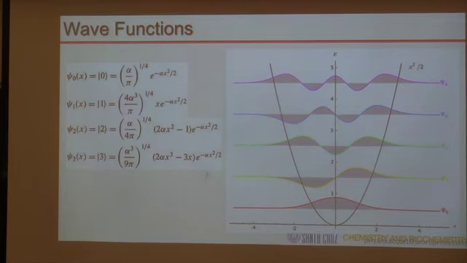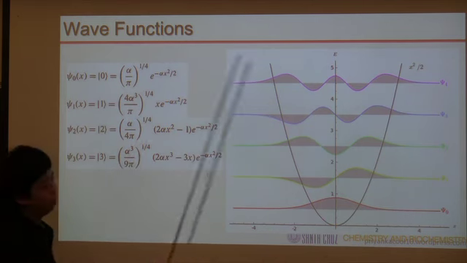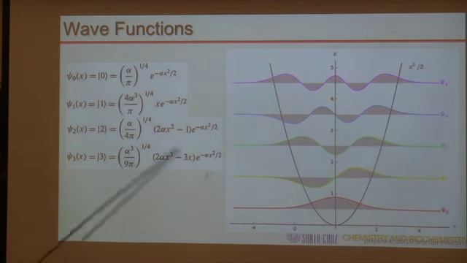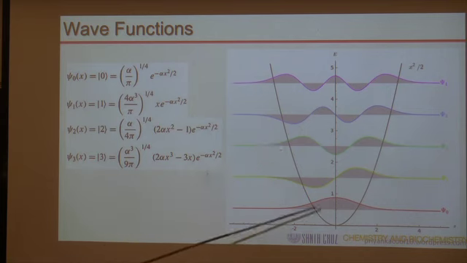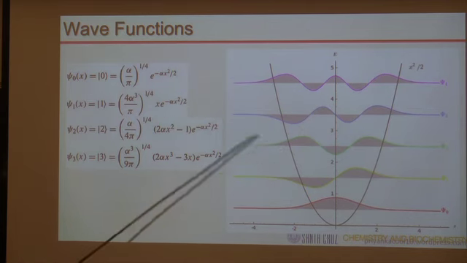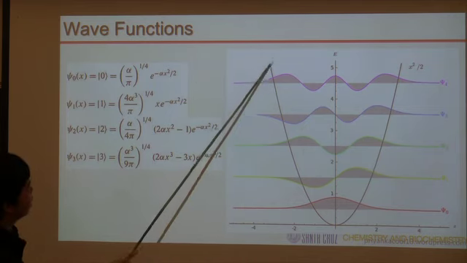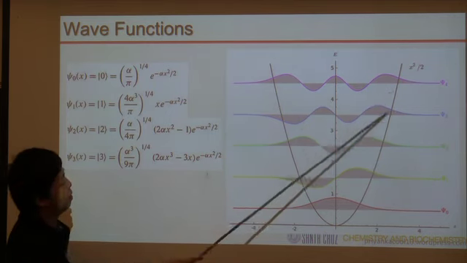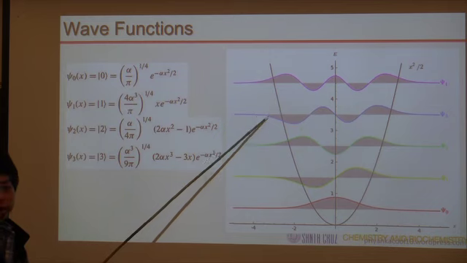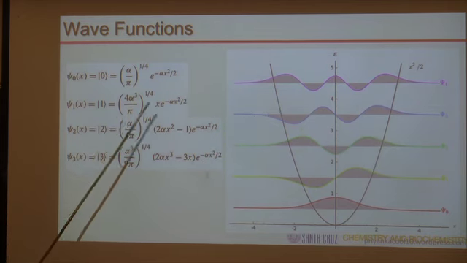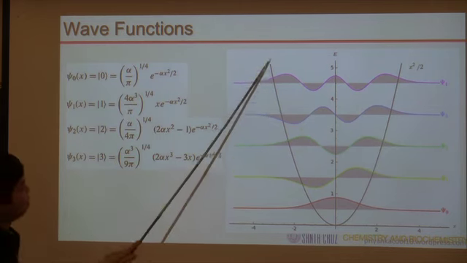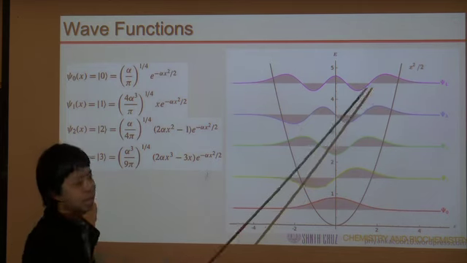This picture shows the figures of those functions: the first one, second one, third one, fourth one, and the fifth one. One more thing I want you to pay attention to. As you can see, this is the potential energy curve. Some of you, I bet, are thinking this curve is the boundary.